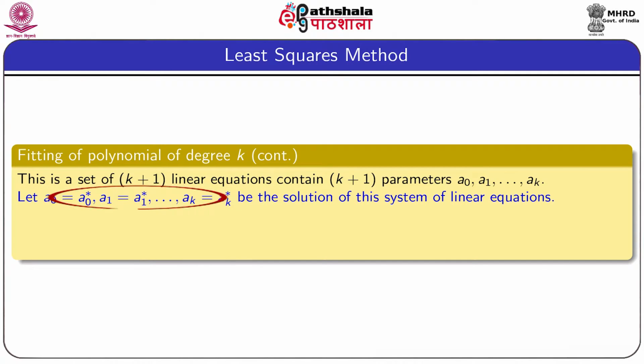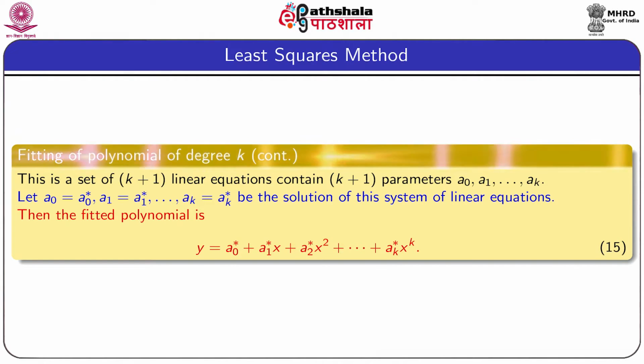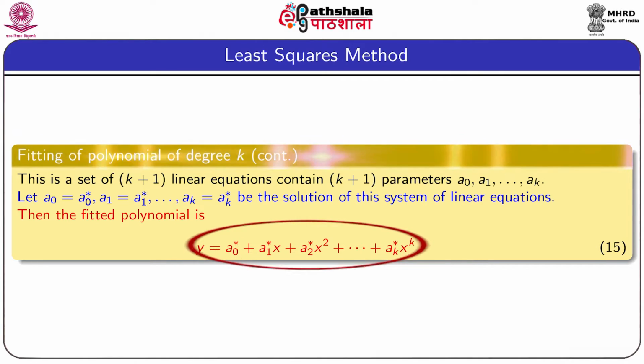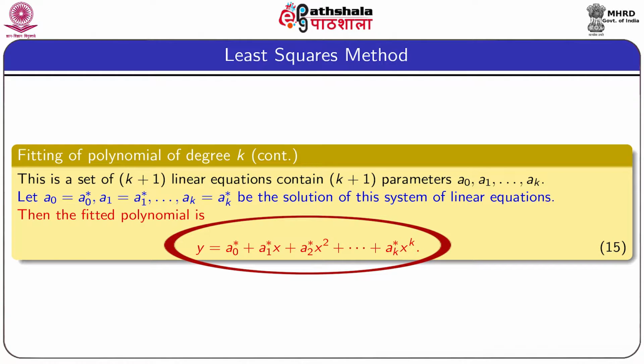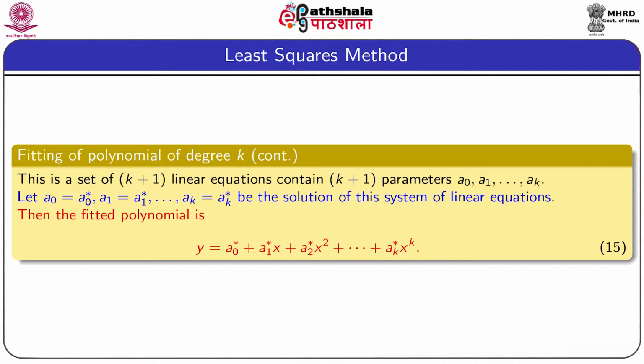Let a0 = a0*, a1 = a1*, ... ak = ak* be the solution of this system of equations. Then the fitted polynomial is y = a0* + a1* x + a2* x² + ... + ak* x^k.